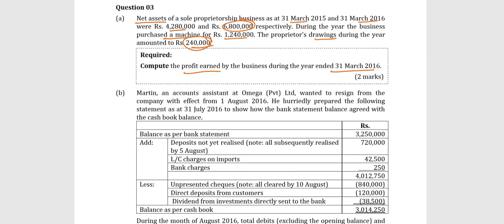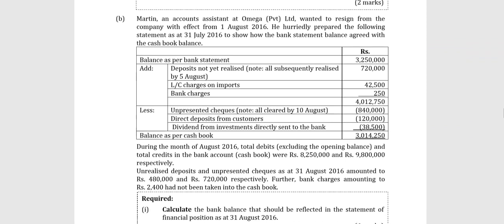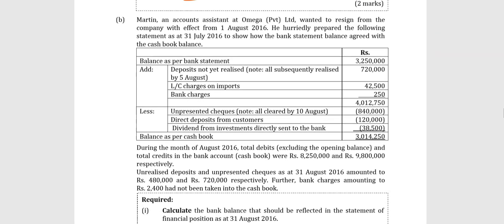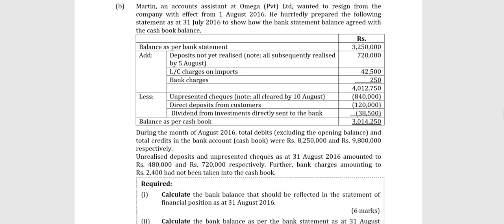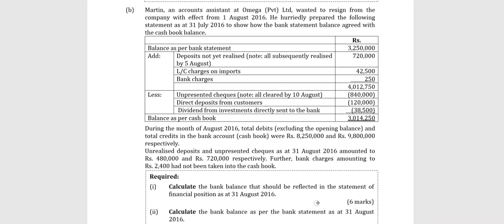So let's quickly move on to part B. This is regarding bank reconciliation statements. So we'll discuss this. Let's go through the question. Martin, an accounts assistant at Omega Private Limited, wanted to resign from the company with effect from 1st August 2016.